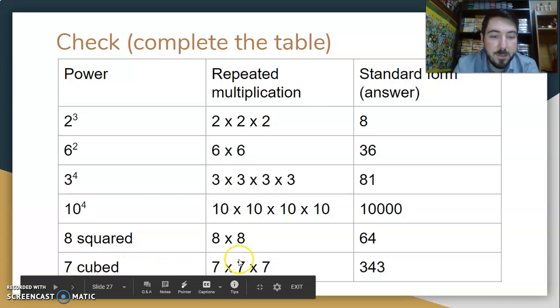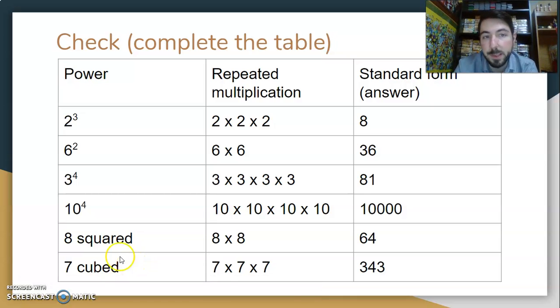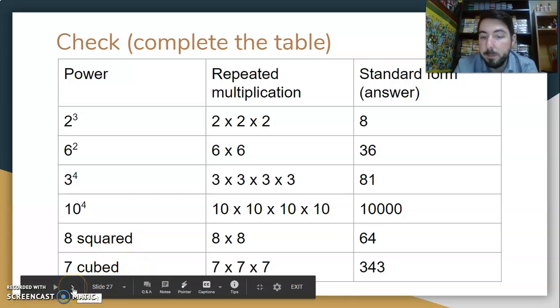And then 7 cubed is just 7 times 7 times 7. Remember, cubed means we're doing it 3 times. And then you get 343 when you punch that into your calculator.